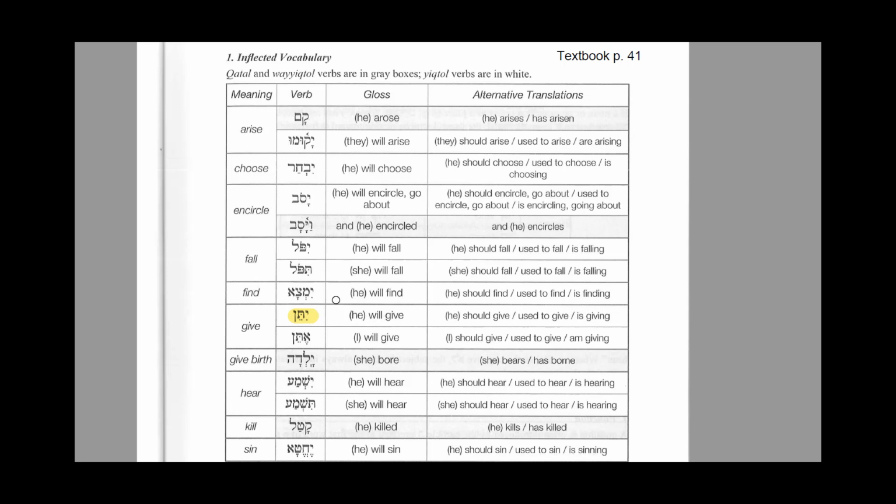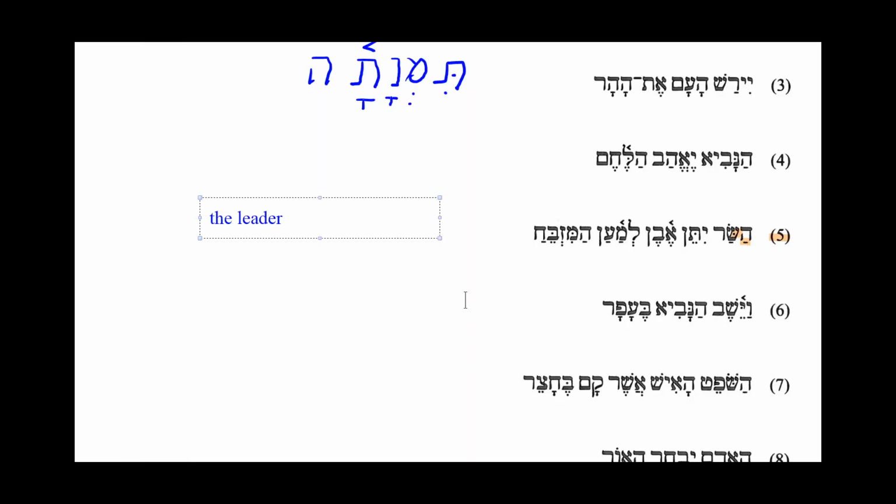And the default translation is future, he will give. So the leader, and leader is masculine singular, so that matches our masculine singular verb. The leader will give. Well, what will he give?